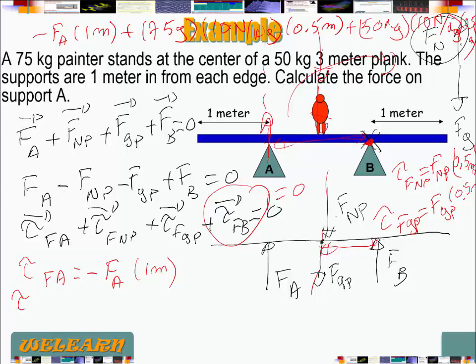Okay, so let me use the eraser a little bit so I can write in a place where we can see.